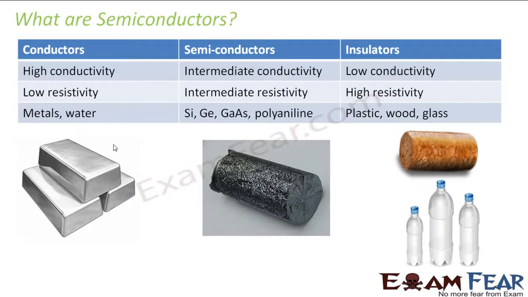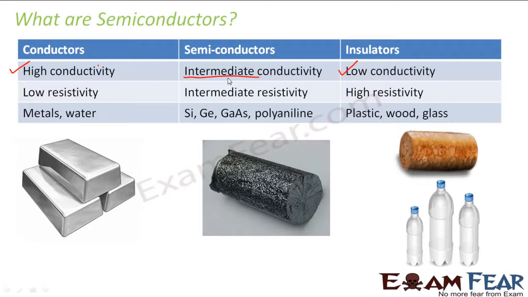When I compare the semiconductor with conductors and insulators, what do we see? Conductors have high conductivity. Of course, insulators have low conductivity. But semiconductors have intermediate conductivity. That means their conductivity is lesser than conductors but greater than insulators.